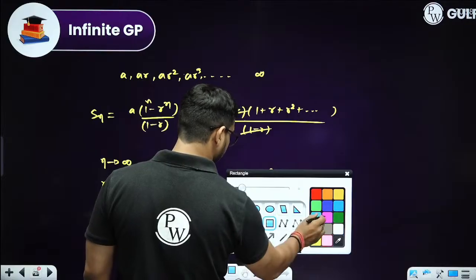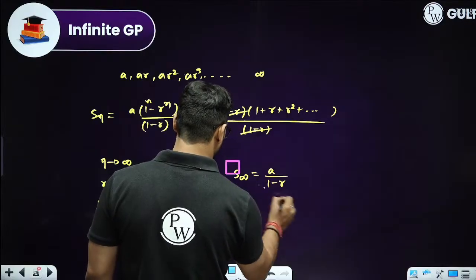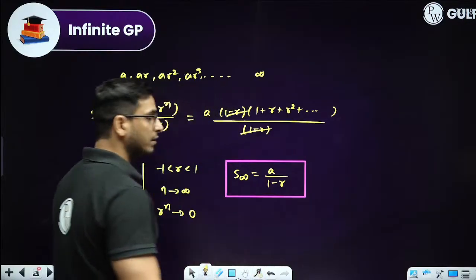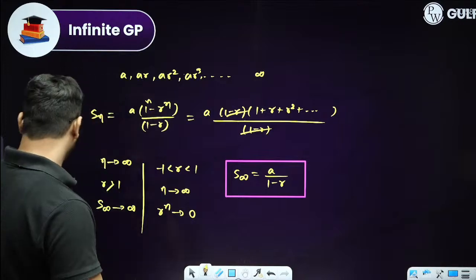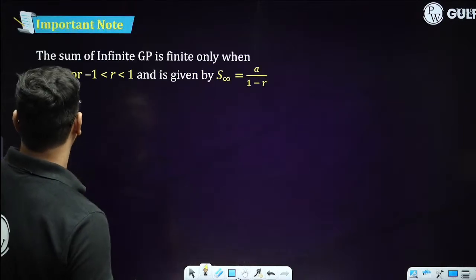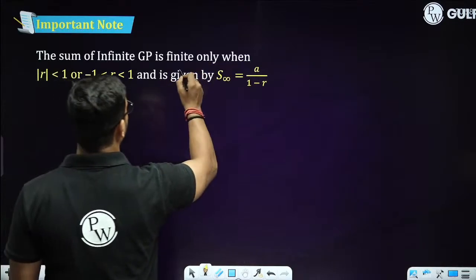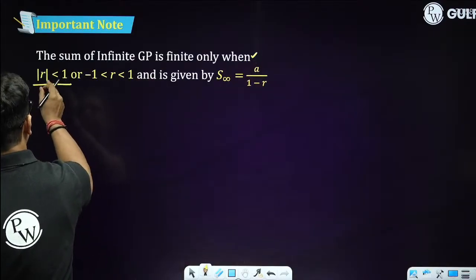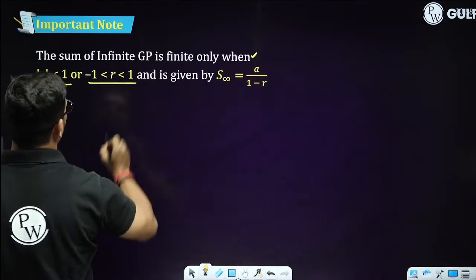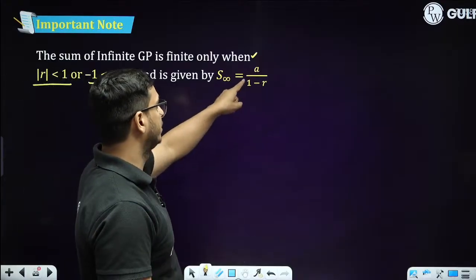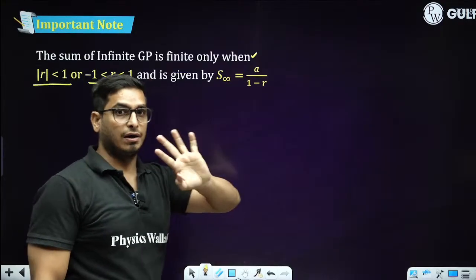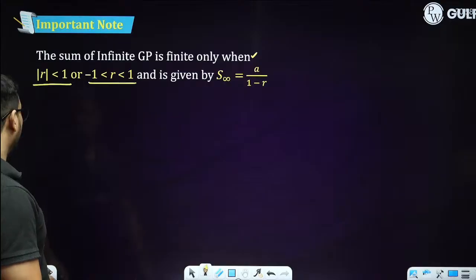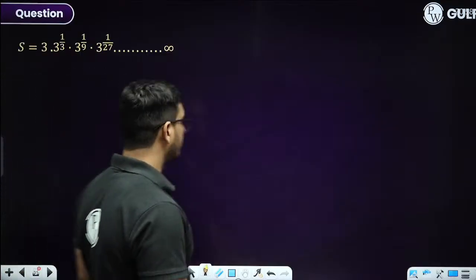This is the case when we have an infinite number of terms in a GP. The sum to infinity is finite only when mod of r is less than 1, or r is between -1 to 1, and it is given by S infinity equals a by 1 minus r. Simple.